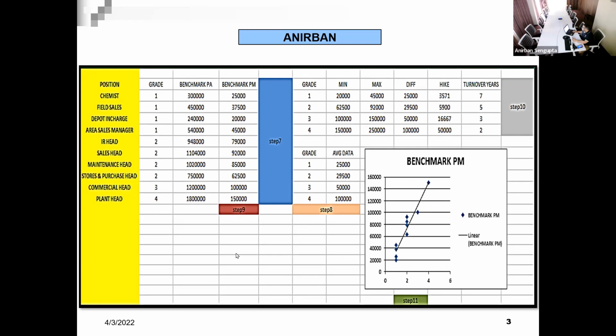Now you have taken positions 1, 2, 3, 4, 5, 6. How many? 10 positions. I can clearly see your 10 positions ranging from chemist to plant head.